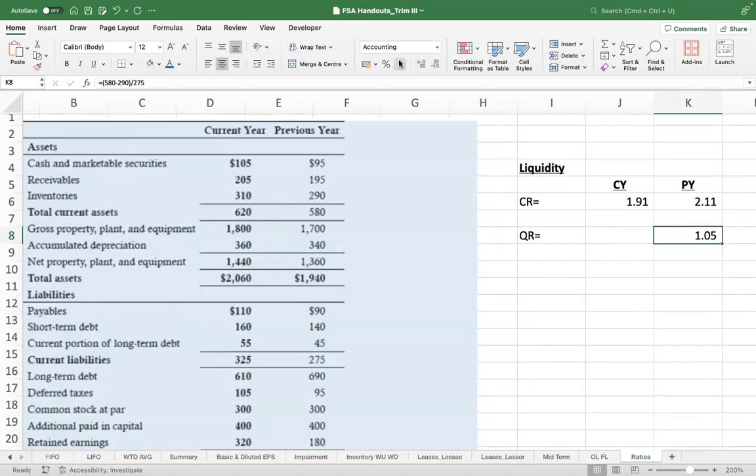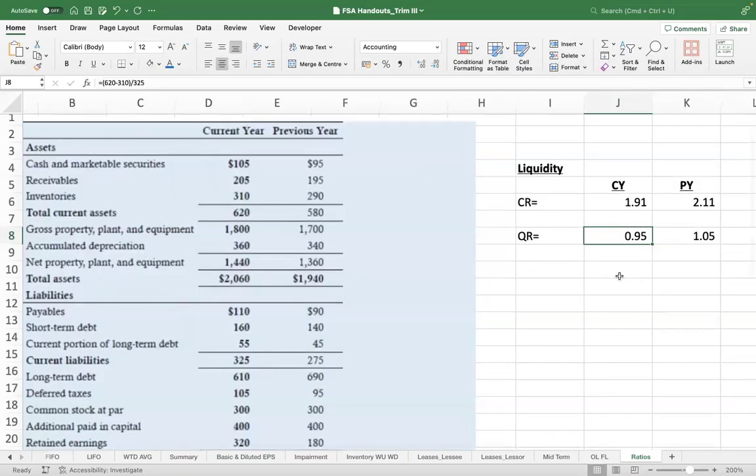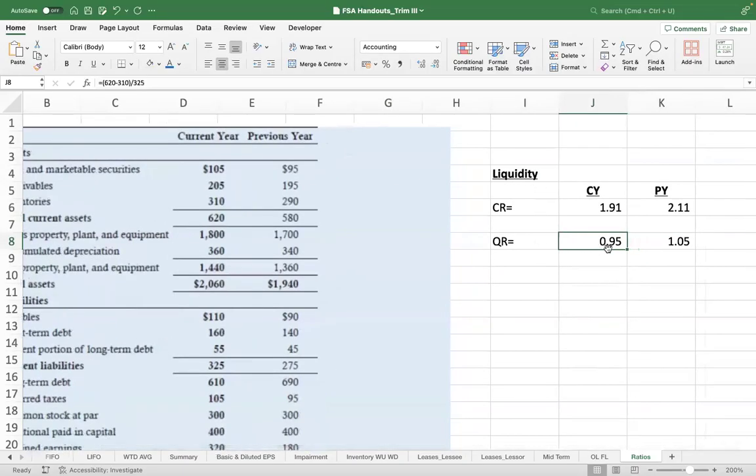For the current year, it will be 620 minus 310. Again, 50% is your inventory. Because the inventories are 50%, the quick ratio is typically half of the current ratio.